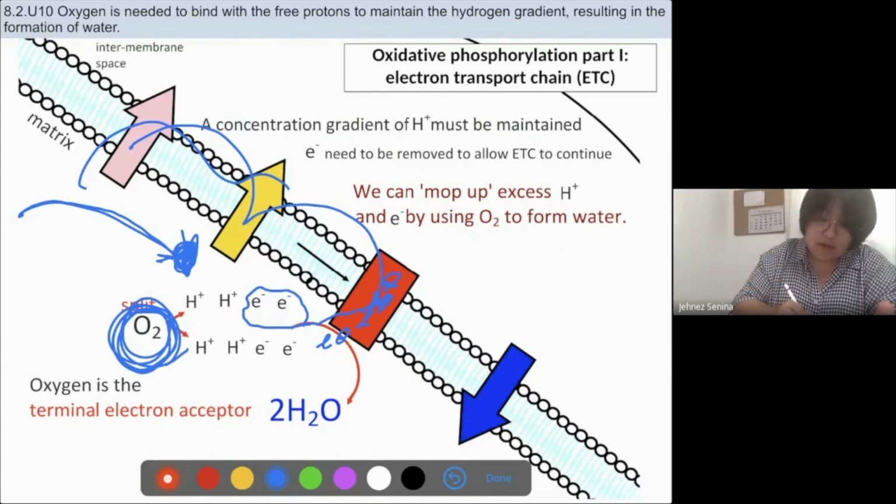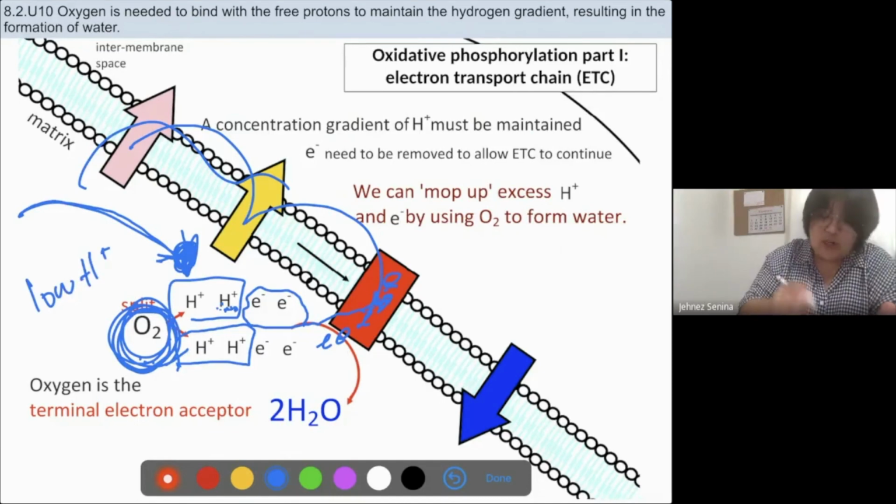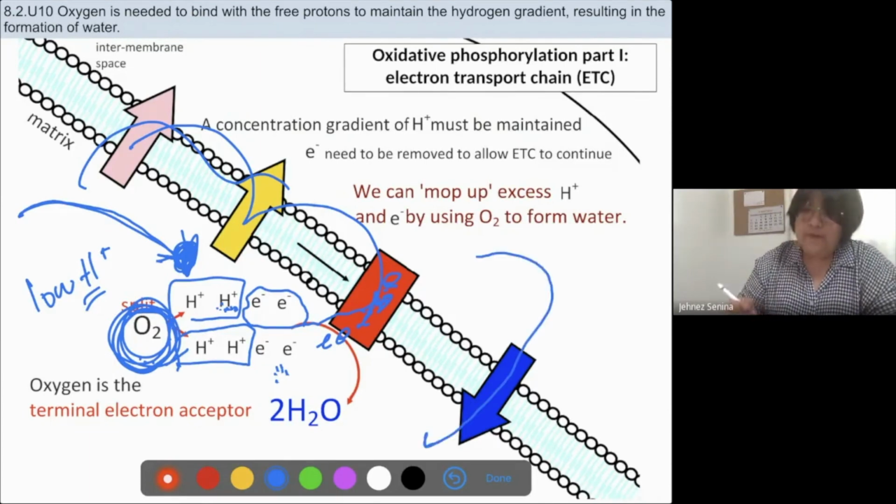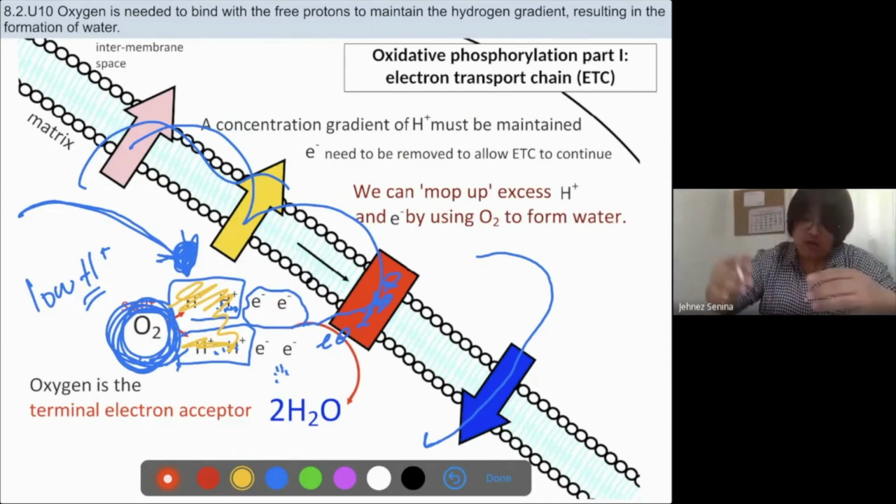Also, oxygen accepts protons. Is this important? Yes. Why? If oxygen keeps accepting protons, you're going to have a low concentration of protons inside. Then there's more drive for chemiosmosis, because it's low here. So oxygen plays an important role. It removes the hydrogens so that it can help establish a bigger concentration gradient.